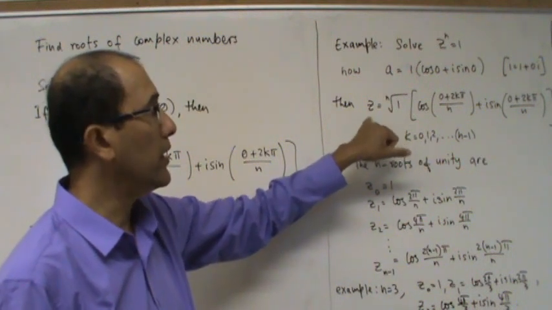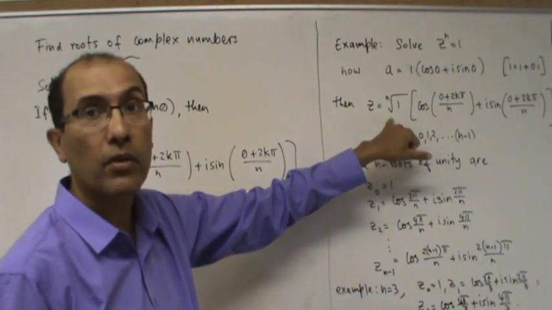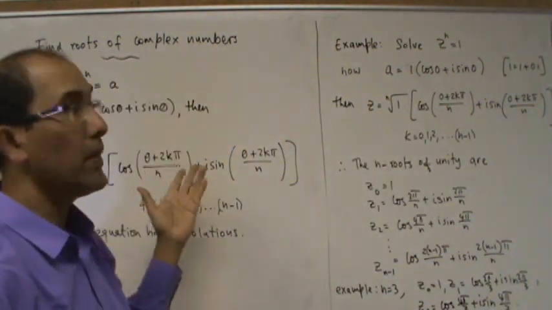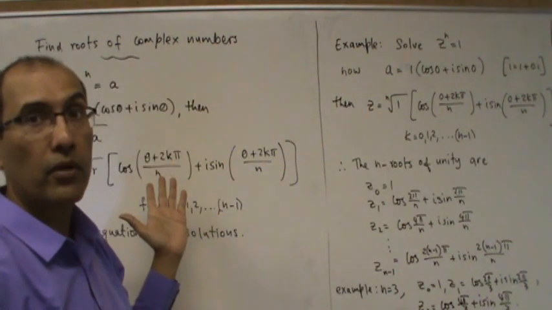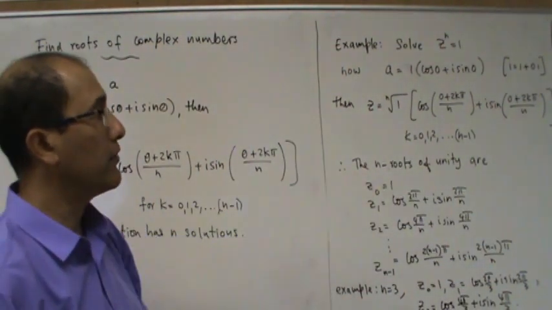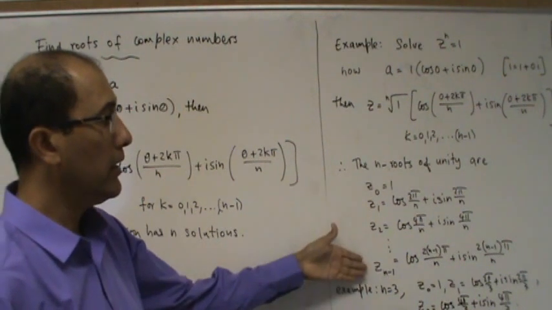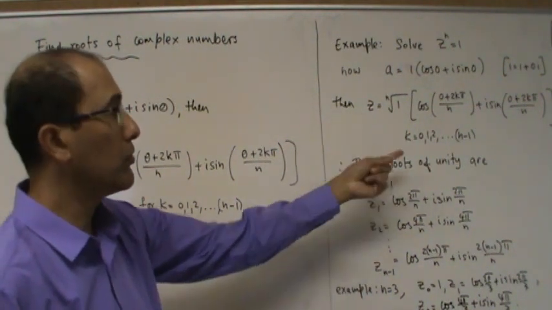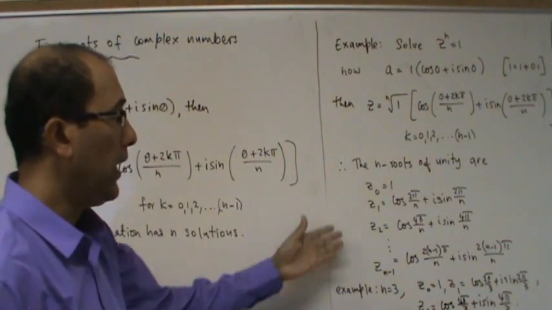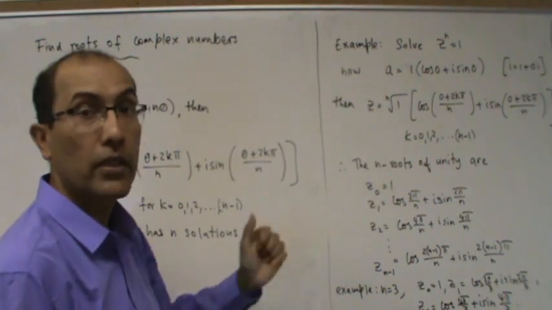So z is equal to the nth root of the modulus, which is the nth root of 1, times cos... I plug my numbers into the formula. If you have your formula, it's just a matter of substituting and then writing your n roots, looping through the k values. k goes from 0 to n minus 1, and these are the n roots of unity.